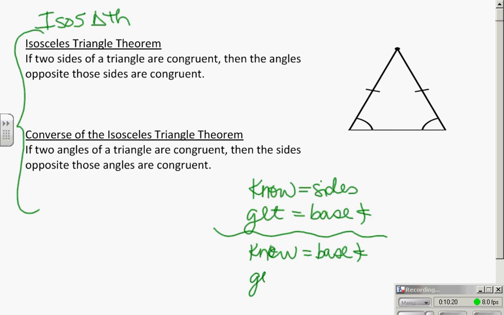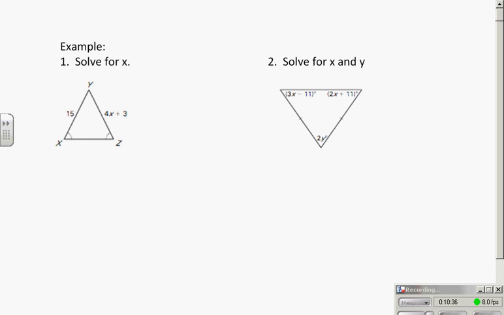Or if you know equal base angles, you get equal sides. A very powerful theorem. Remember that the base angles are the ones that are opposite the equal sides, and vice versa. That is a super powerful theorem as we move to congruent triangles.